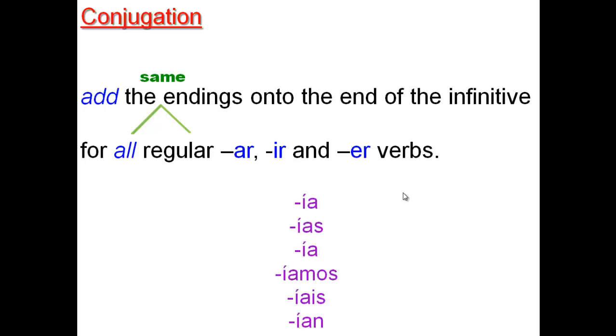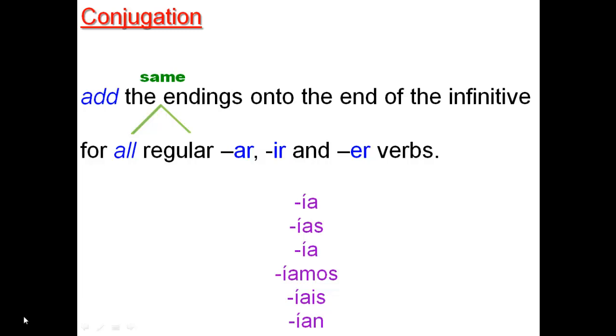Here are the endings. Ía, ías, ía, íamos, íais, ían. So that's the I form, you singular, he, she, or it, we, you plural, and they. The interesting thing to know about these is accent. Look at that. On the first I, there's an accent on all of them. And it's the same endings for AR, IR, and ER.